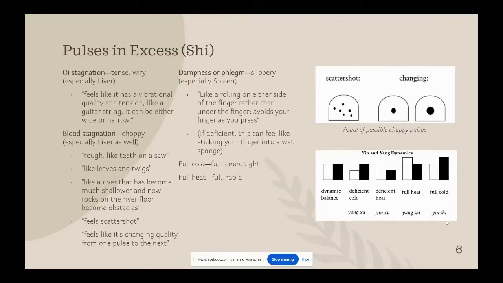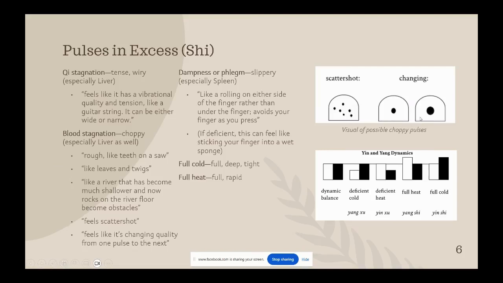Same with blood stagnation. This is called a choppy pulse. And so this has been described many different ways. As you can see in this picture, it can present as, I had a teacher describe it as scattershot, where it kind of feels like it's hitting your finger at all these different little points.